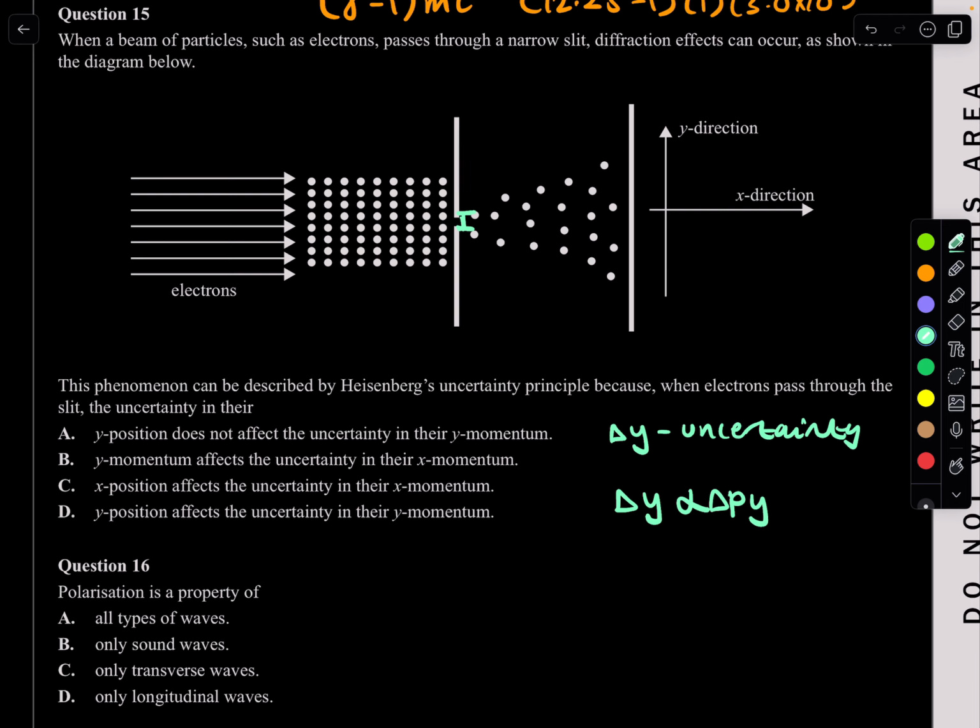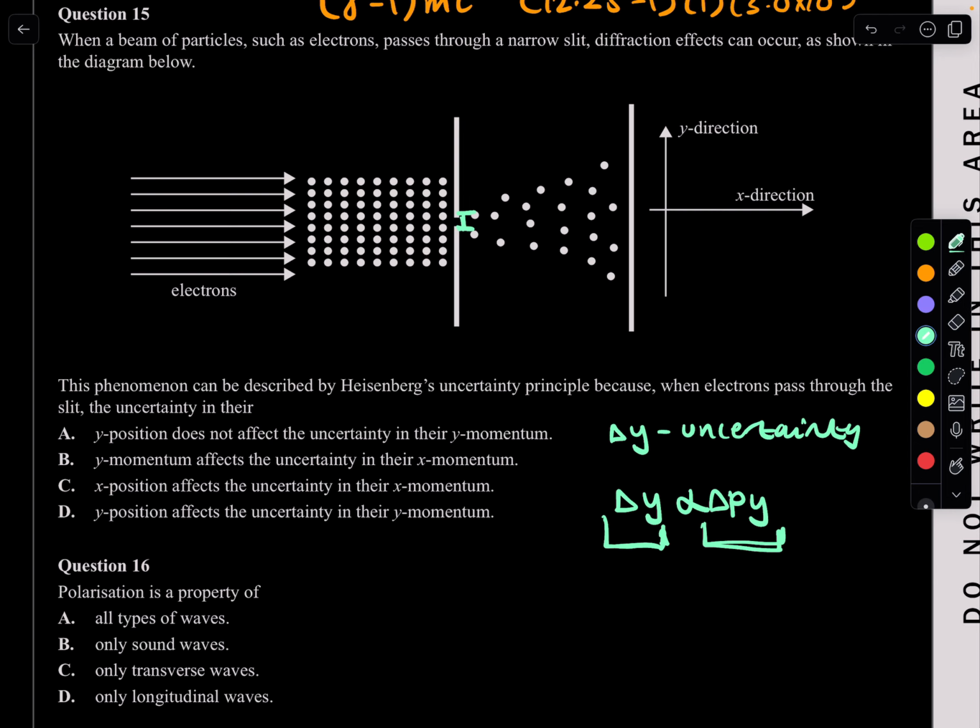If we have uncertainty in the position of y, we will also have uncertainty in the momentum in the direction of y. That's what Heisenberg's uncertainty states. It's just this kind of relationship. It's quite easy to understand. If you have uncertainty in the y, you will have uncertainty in the momentum of y. If you have uncertainty in the x direction, you also have uncertainty in the momentum's x direction. Done. Let's have a look at the question.